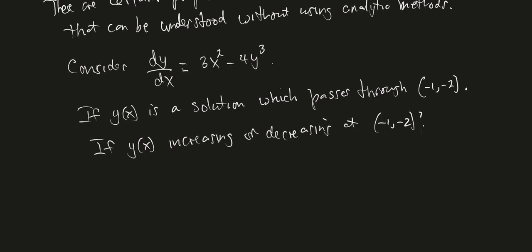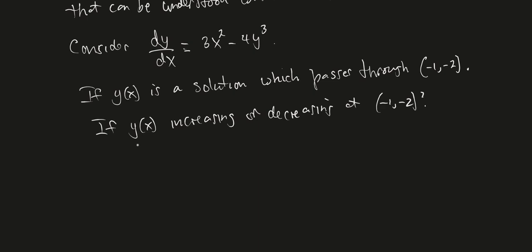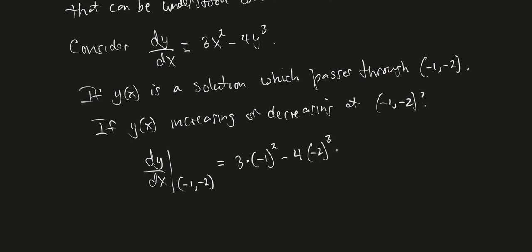So all I would have to do to answer this particular question is take my derivative and evaluate it at this point, and then see if I get a positive number or a negative number. So let's see what we end up with. We have 3 times (-1) squared minus 4 times (-2) cubed.